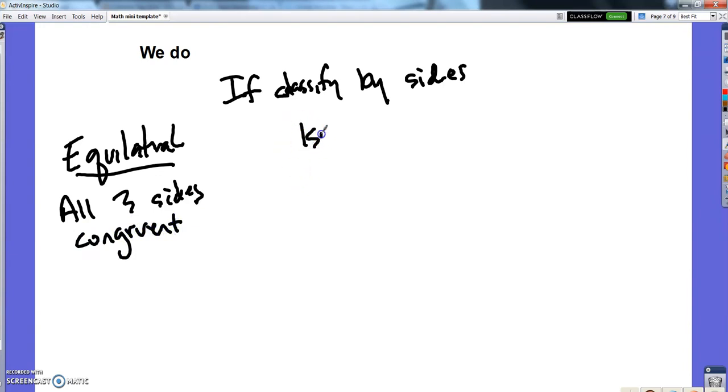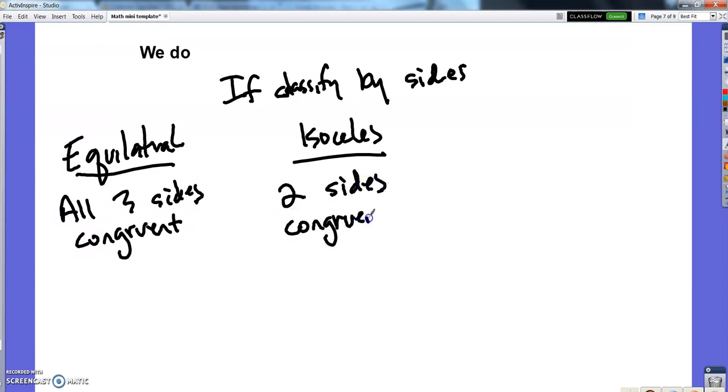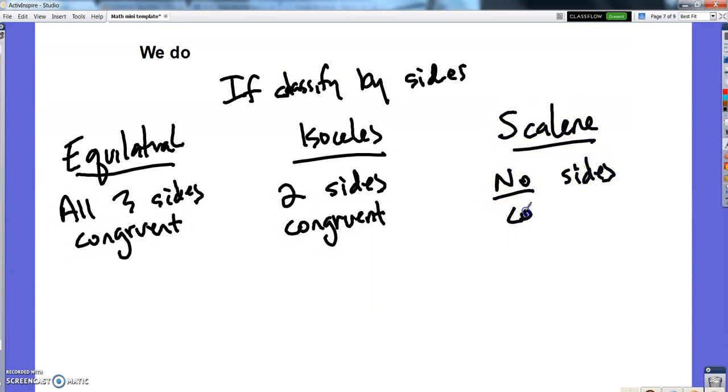We can have isosceles, two sides congruent, or we can have scalene, no sides congruent. And again, could be a good idea to draw.